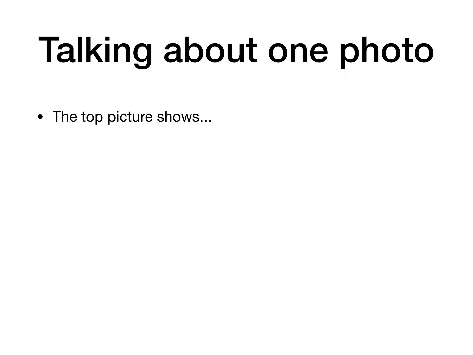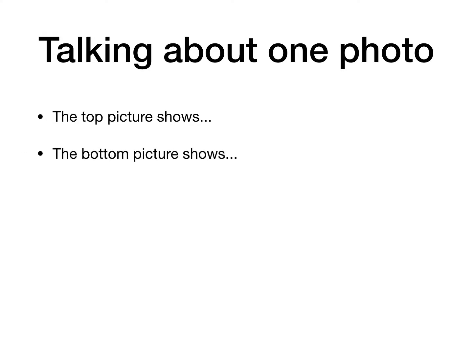So this is a great way to identify one photo and talk about what is in the photo, what you can see. But you can also use it to talk about an event or something, so a celebration, a party. The top picture shows people having a party, people having a good time. It doesn't have to literally be exactly what you see, like there are people in a room.